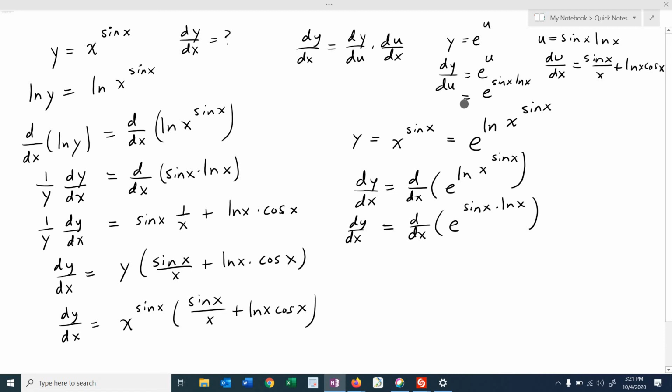Okay, and then when you multiply those together, the outer derivative times the inner derivative, you get the derivative of this composition.